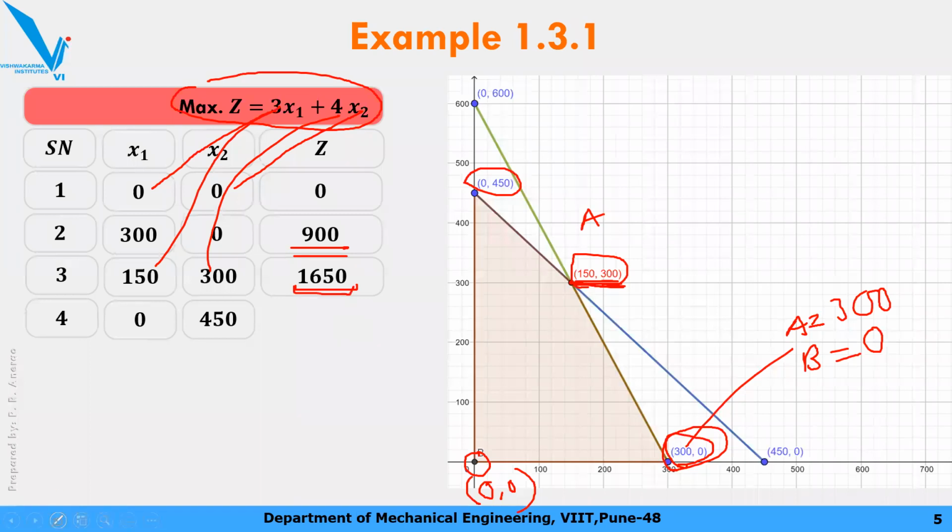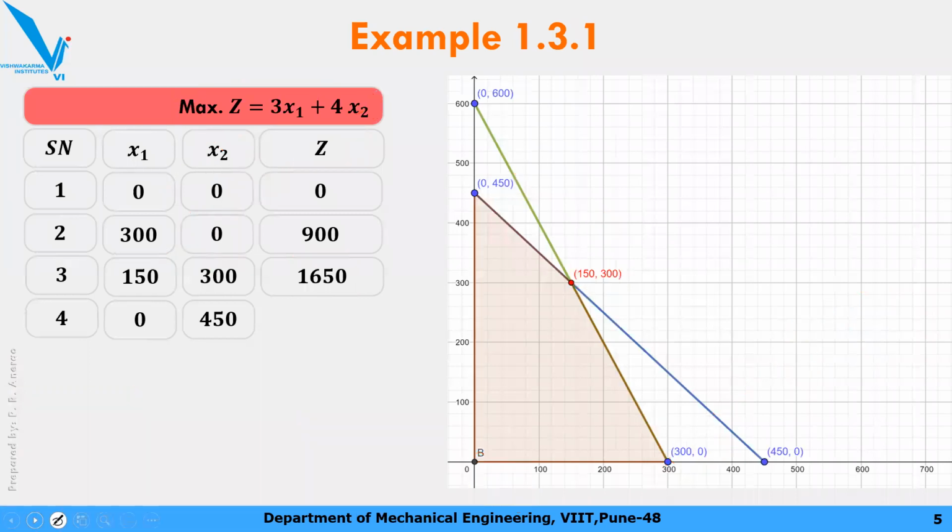And let's check for the last corner point. If I produce A component 0, कुछ भी प्रोडक्शन नहीं करेंगे A का, और B प्रोडक्ट का 450 क्वांटिटीज प्रोड्यूस करेंगे, so we are going to earn a profit of 1800.